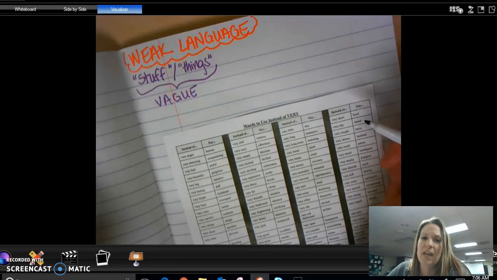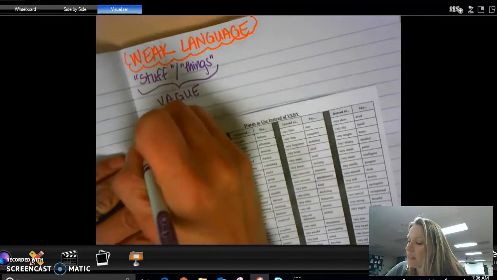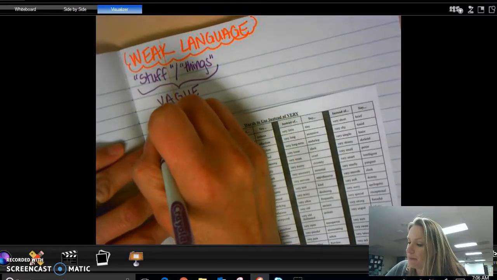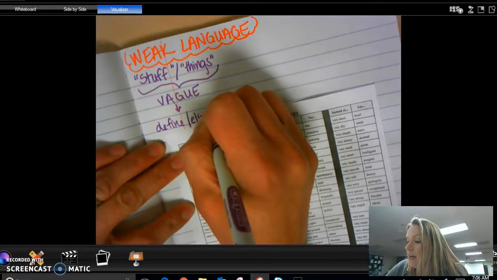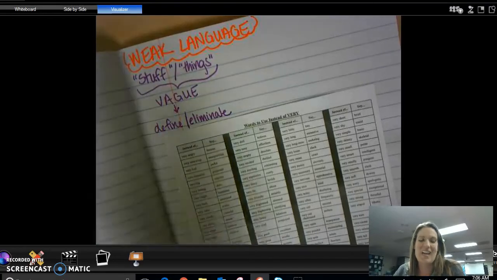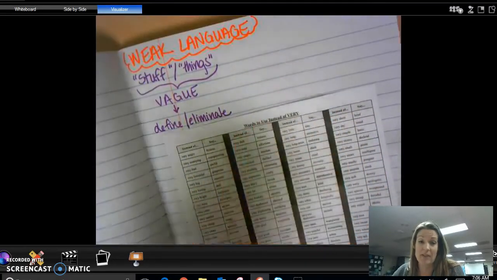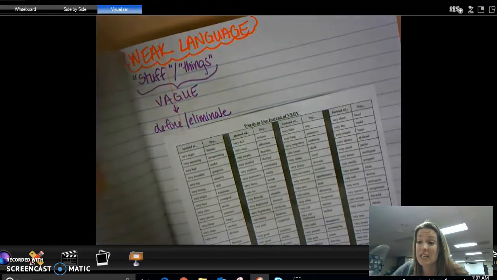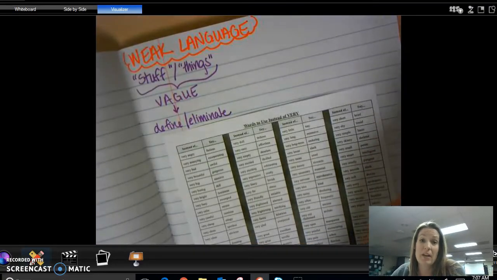And so they get to be vague. And so the way to fix that is to define or eliminate. If you cannot think of a thing to say instead of things, just get rid of the word all on its own. Stuff is something that is inside of pillows, that's stuffing, or in a double stuff Oreo cookie, but other than that, you need to basically eliminate it or define what stuff and things mean, okay?